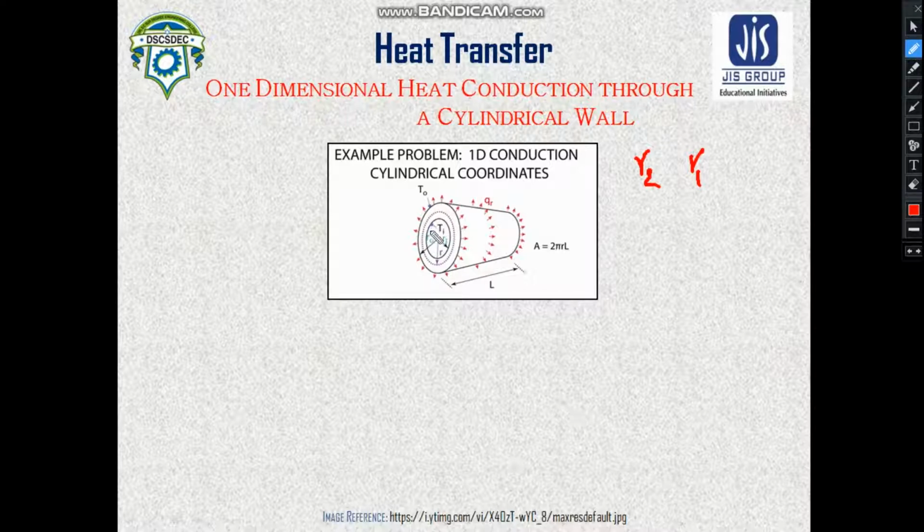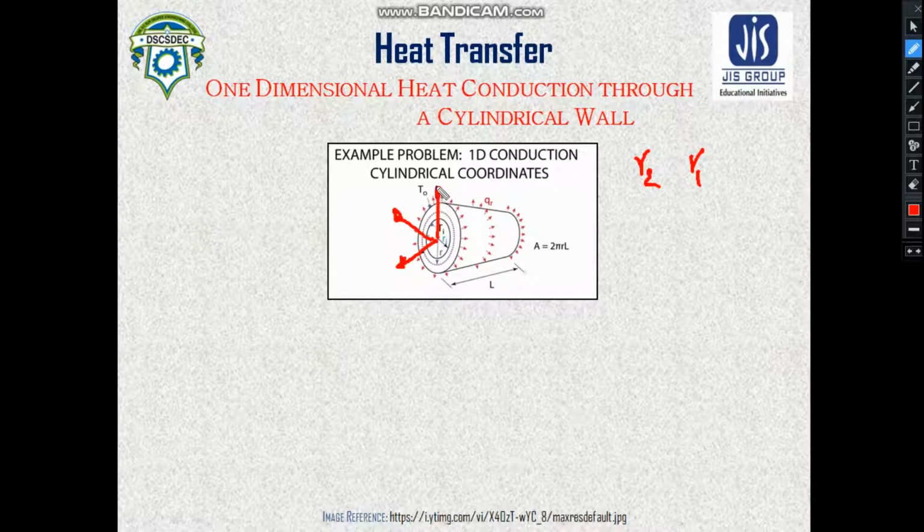So you can see heat transfer in the radial direction. This is the most important point you must understand. The direction of heat transfer is in the radial direction. From this diagram, all the heat transfer is taking place in the radial direction.